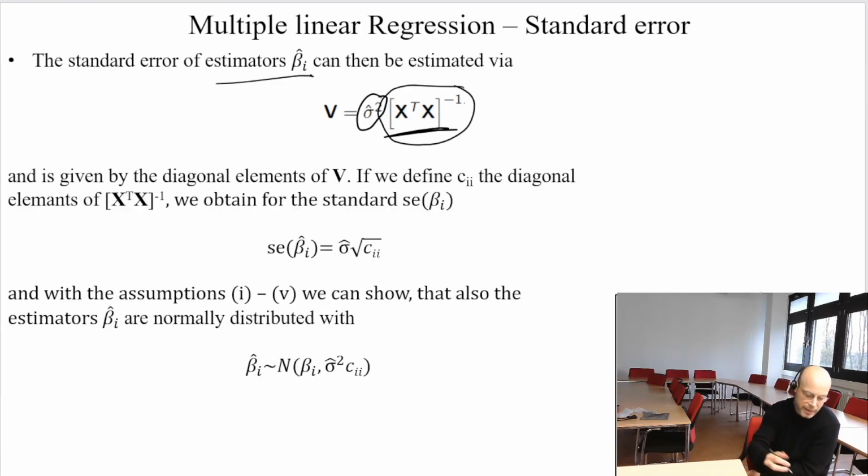And then, of course, we have to take the square root, and the square root of these variances is then called the standard error.